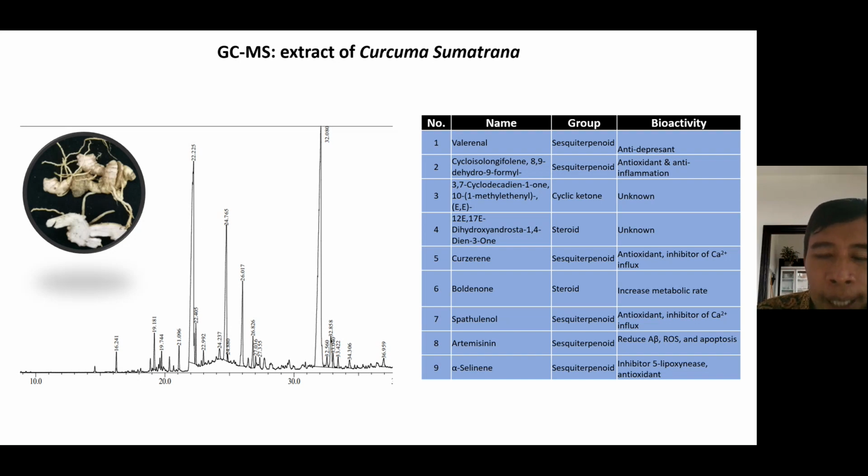And later we can define the probable bioactivity of this metabolite. For example, folyrenols belongs to the group of terpenoid or sesquiterpenoid, and this metabolite is important as an antidepressant.